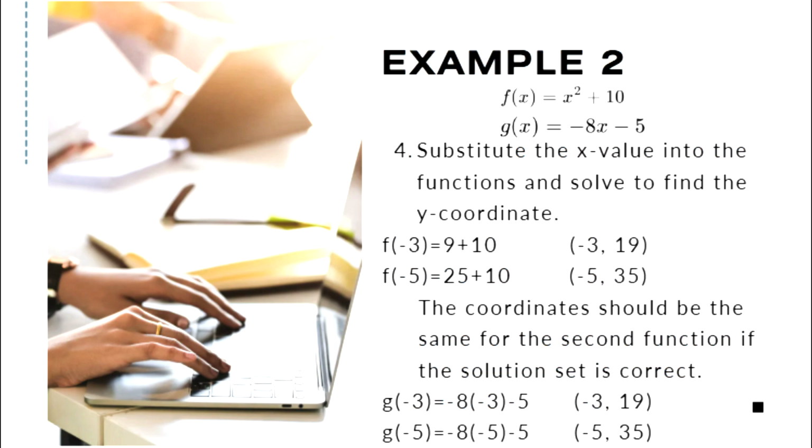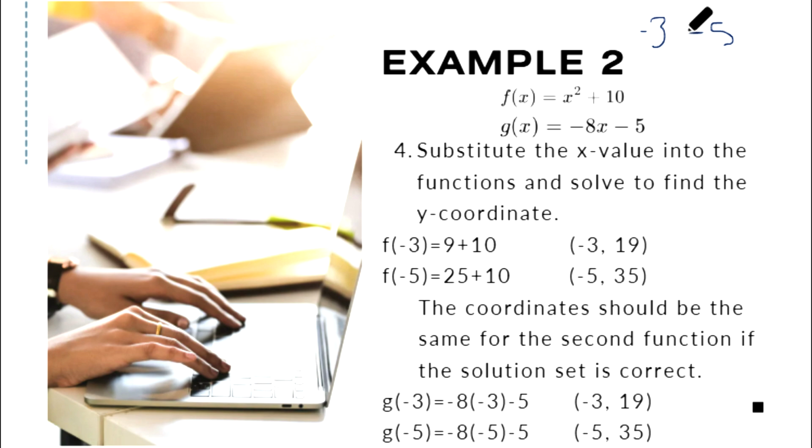Okay, then you need to substitute the x value into the functions to find the y coordinate. So we already know that we have -3 and -5 as our solution sets. So we're going to take these formulas, these equations that we got clear back at the beginning when we separated it into 2 separate equations. Do you remember that? And we're going to plug these values in to figure out our y coordinate.